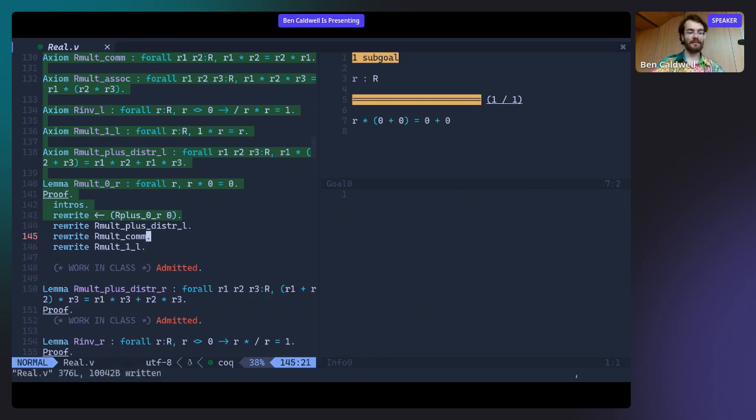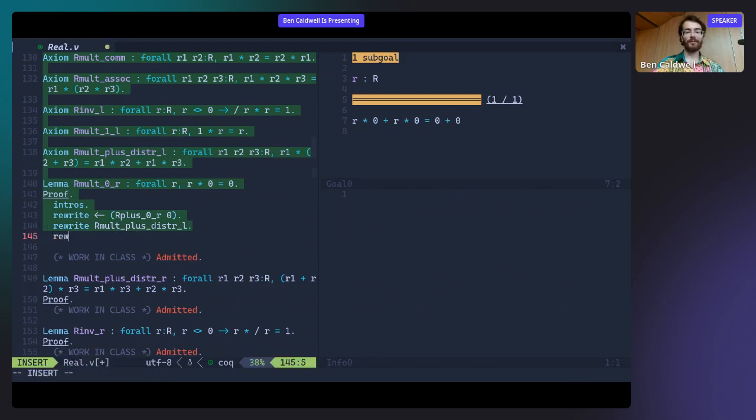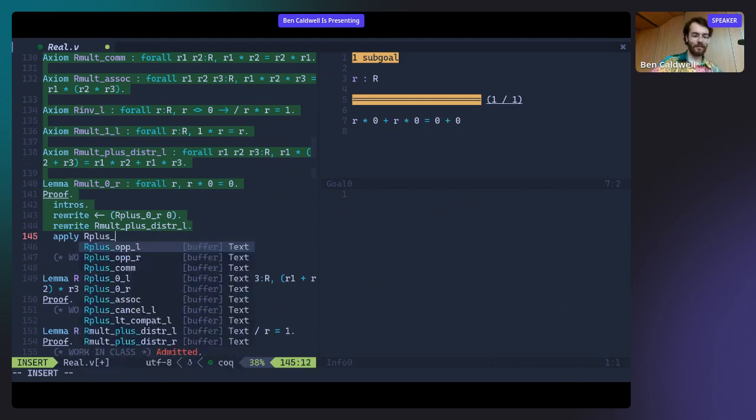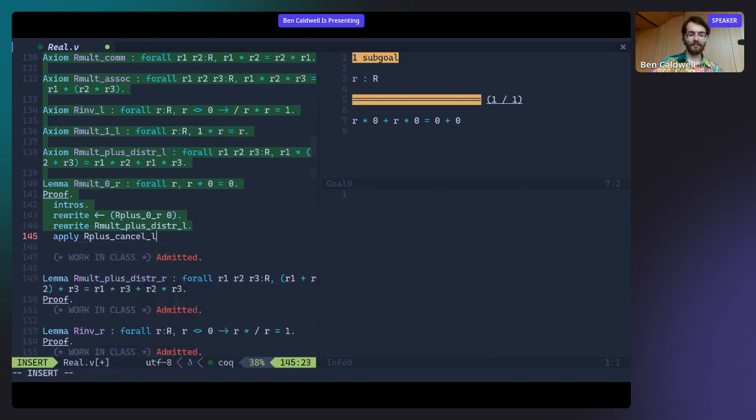Distribute and then you can cancel. And then we'll do, it's R plus cancel L, with R1 being R times 0. Is that correct? That's not correct.